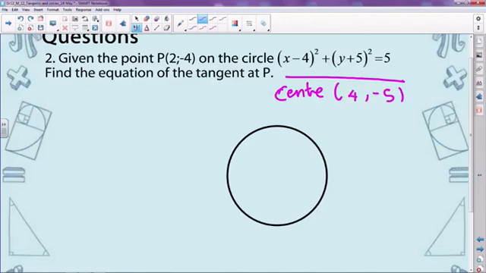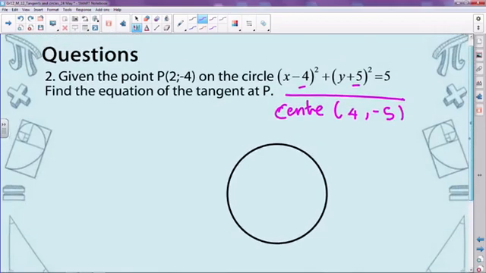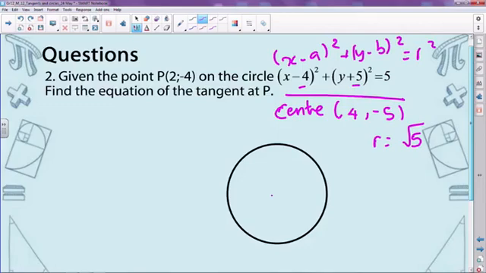So it's basically the values inside the brackets once the square has been completed, with the opposite signs. My radius is going to be the square root of 5. So you can see that we can just read off the values once your equation is in standard form. I've got that my center is the point (4, -5).